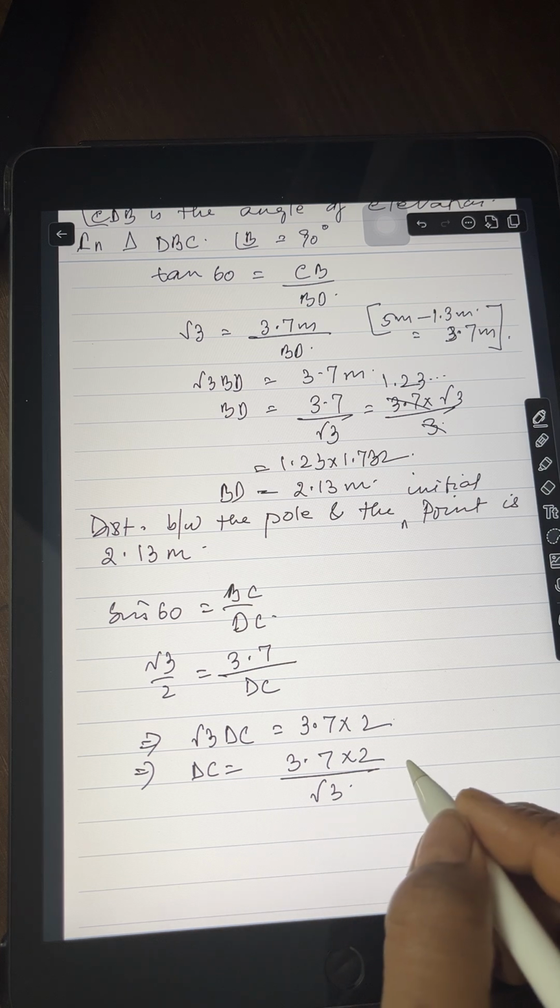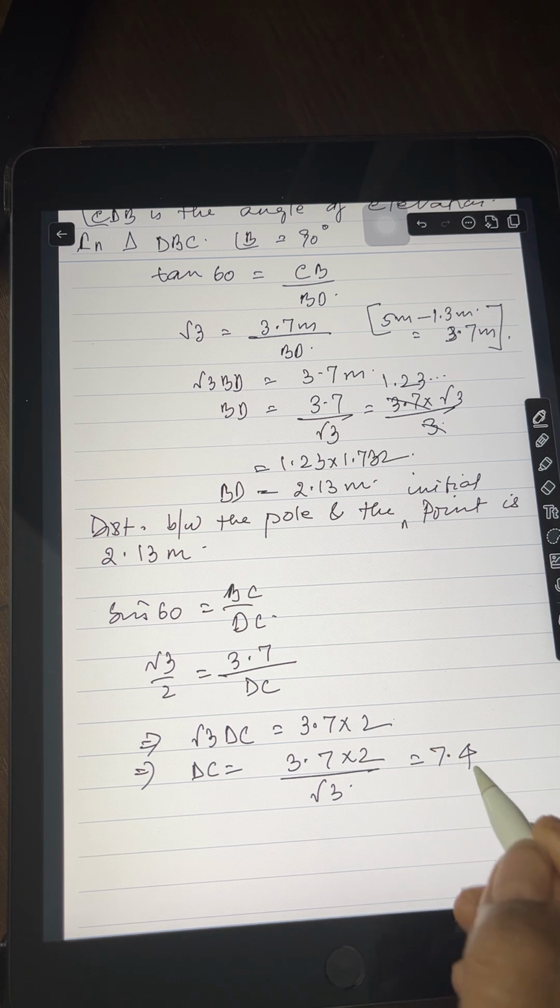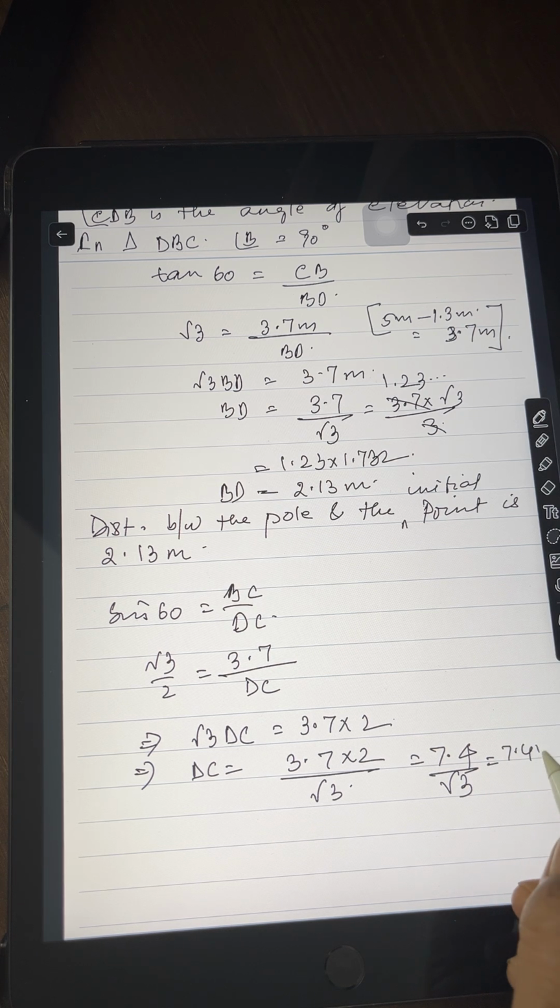So what you can do is, 7 2s are 14, 7.4 by root 3, which is equal to 7.4 root 3 by 3. How did I get this? I have rationalized it.